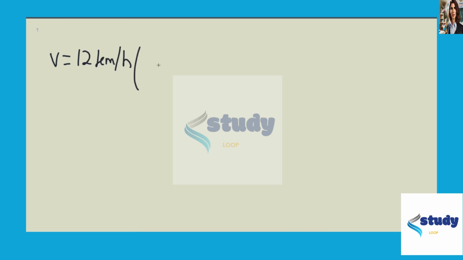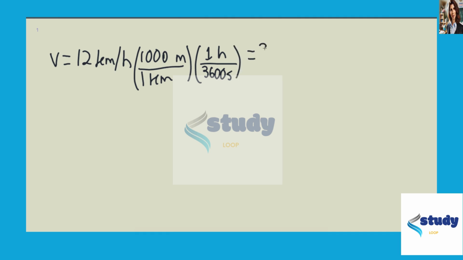We can convert this using 1,000 meters for every kilometer, then 1 hour for every 3,600 seconds. This gives us 3.333 meters per second. So that's the velocity of the runner.